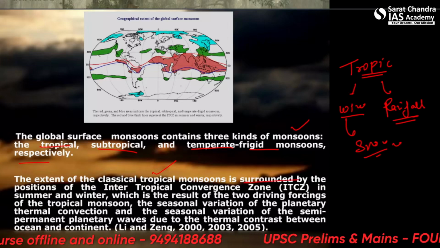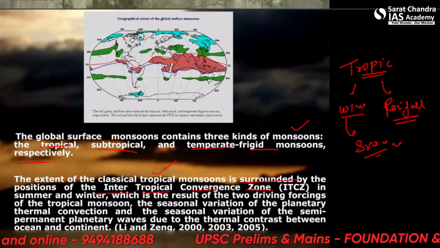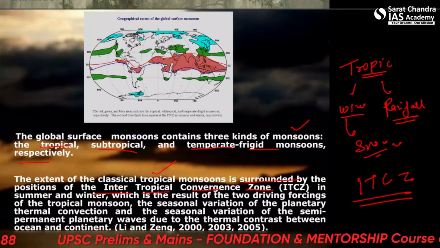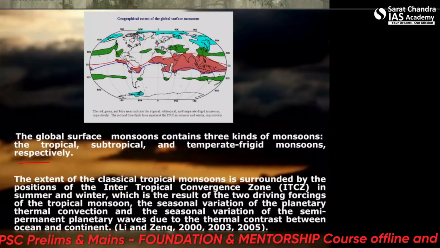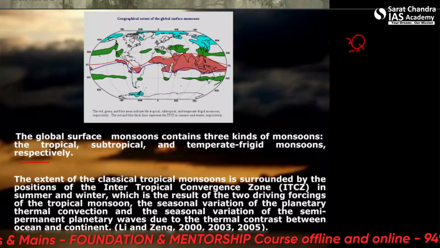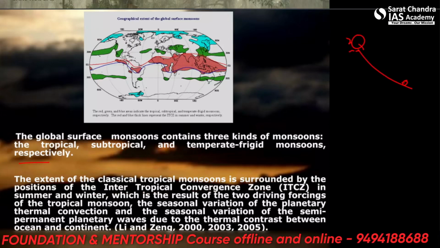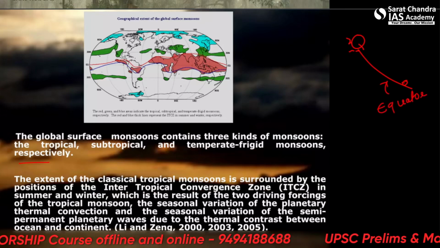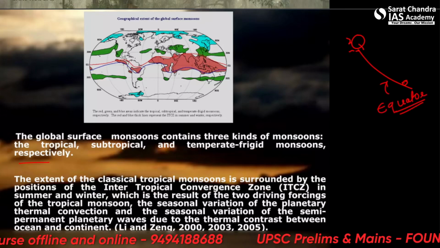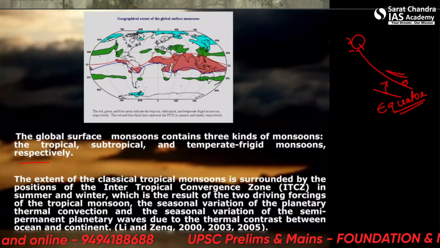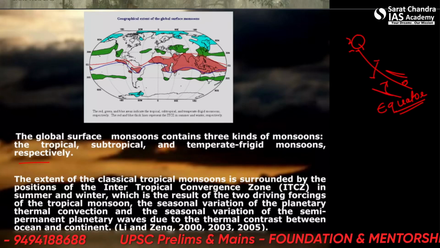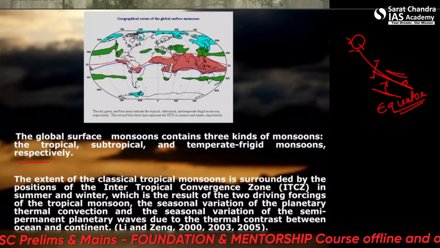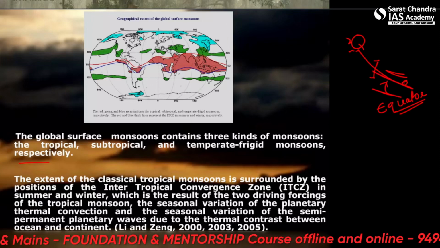It is surrounded by the positions of the intertropical convergence zone, which is ITCZ. So what is ITCZ? Basically, when the sun is in relation to earth, there is a line, which is the line of the equator, and there are two tropics. So wherever the sun is moving between these two tropics, there is the ITCZ, the intertropical convergence zone.